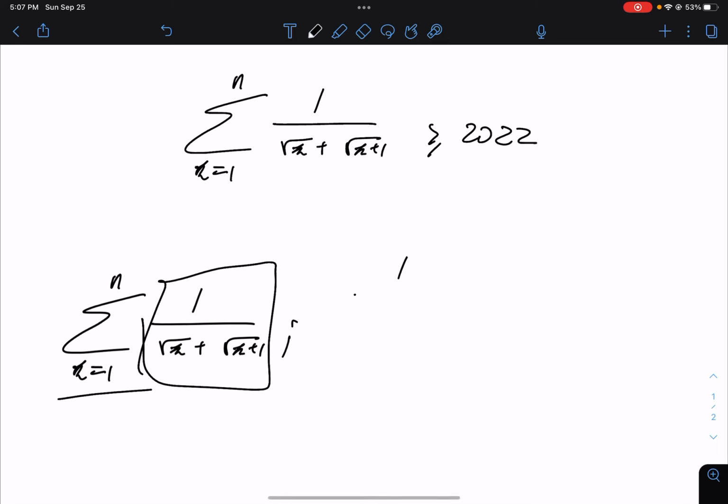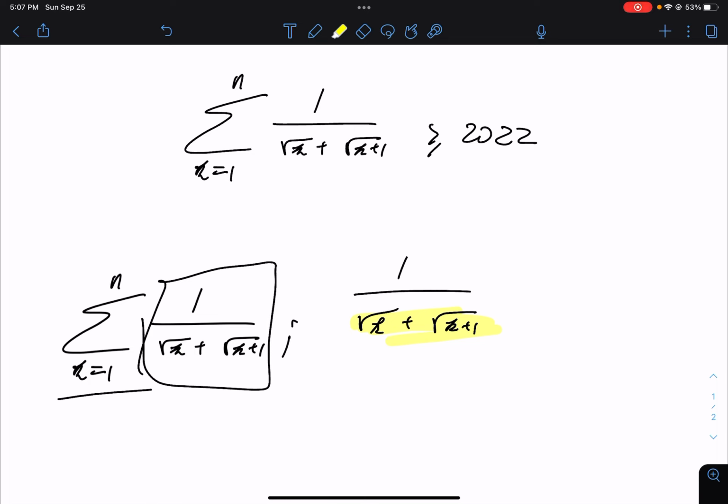So we have this, which looks pretty scary. And it's something that we don't like because we have square roots here. We have square roots, but it's not the best thing to have. So how do we get rid of them?